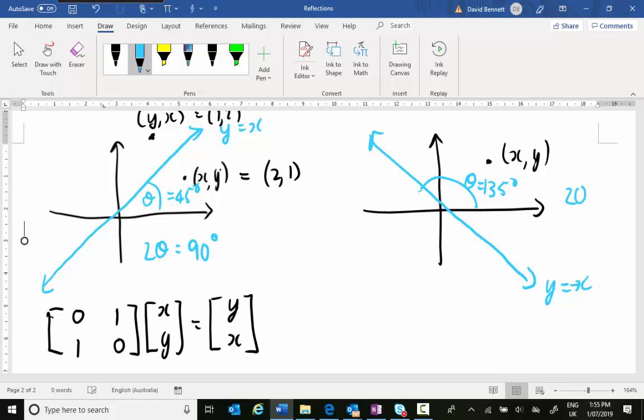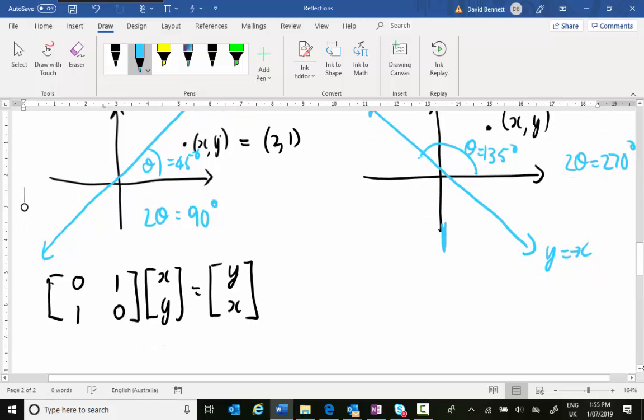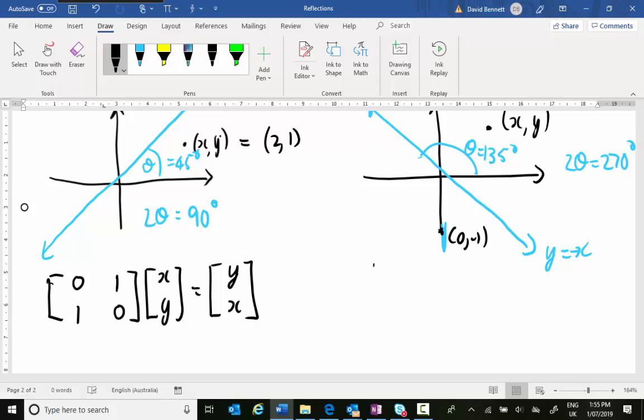So 2 theta is equal to 270 degrees. That would mean that we're really on this axis here. If you think about 270 degrees, we know that point down there is 0, -1. So we know cosine of that is equal to 0, sine's equal to -1, and cosine's equal to 0.